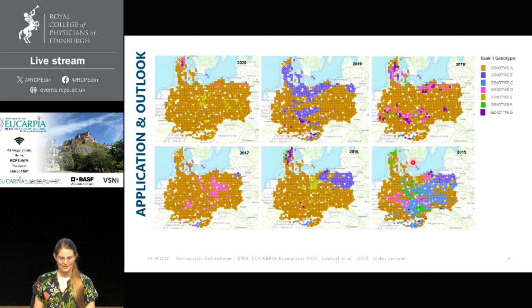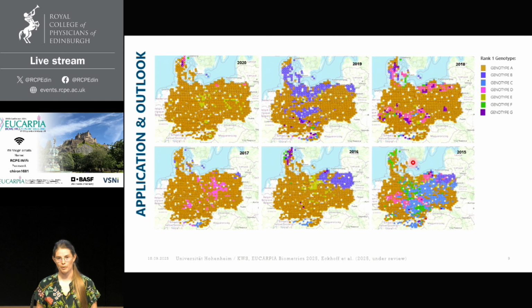Now with that, I'm on my last slide, and this is more like an outlook and a reminder on why we are doing all this. So the methodology I presented can serve as a backbone for simulation platforms. For G by E, you can simulate a portfolio of genotypes into your target population of environments.